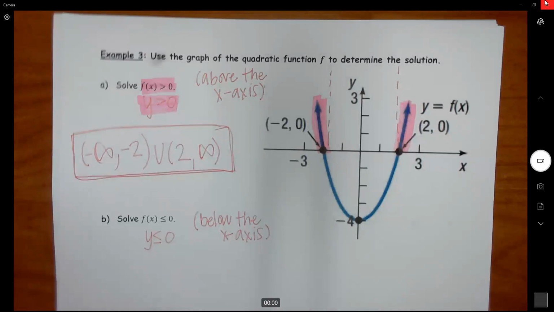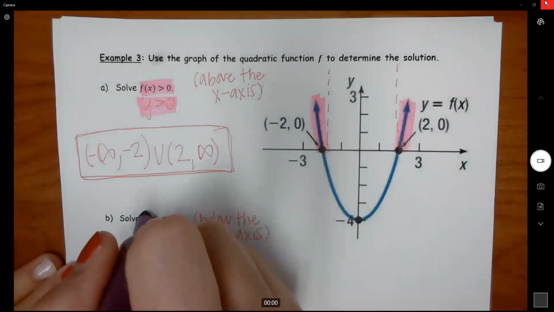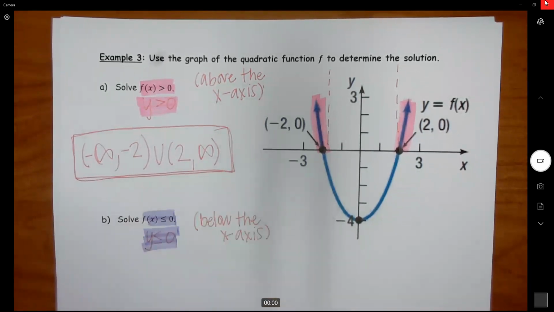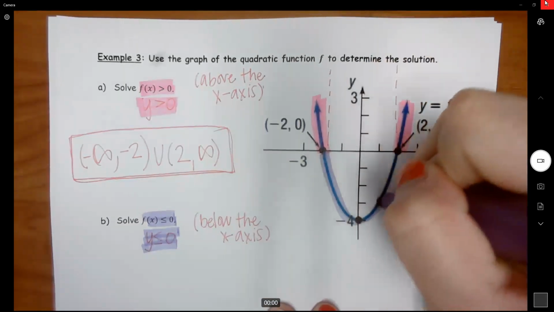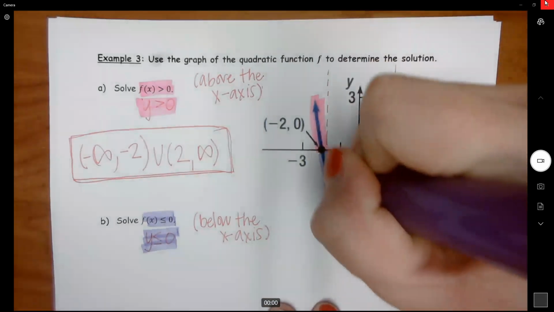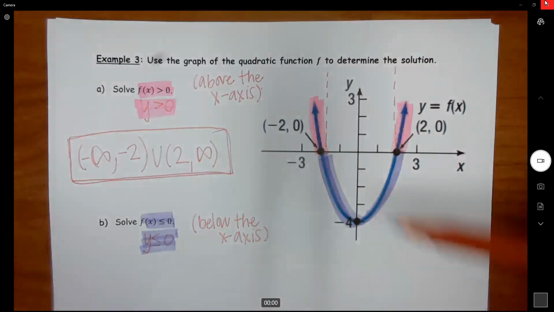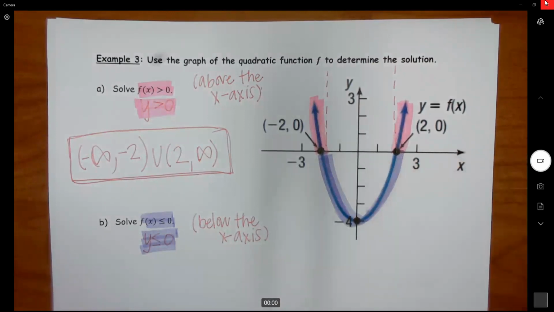And now this is everything below. So now f of x is less than or equal to 0, or y is less than or equal to 0 for this portion of the graph, because now all of these y values are less than 0.